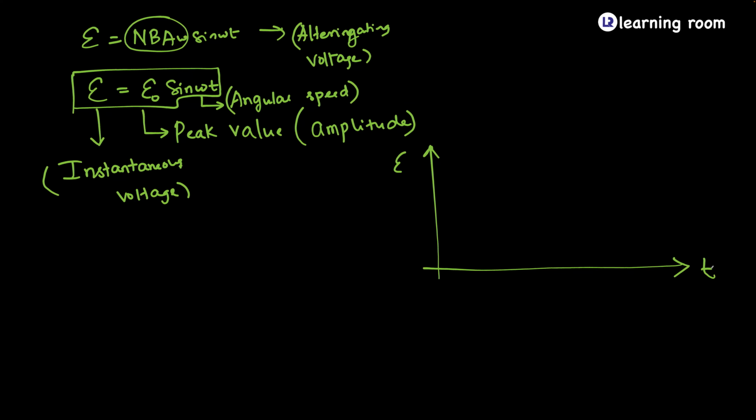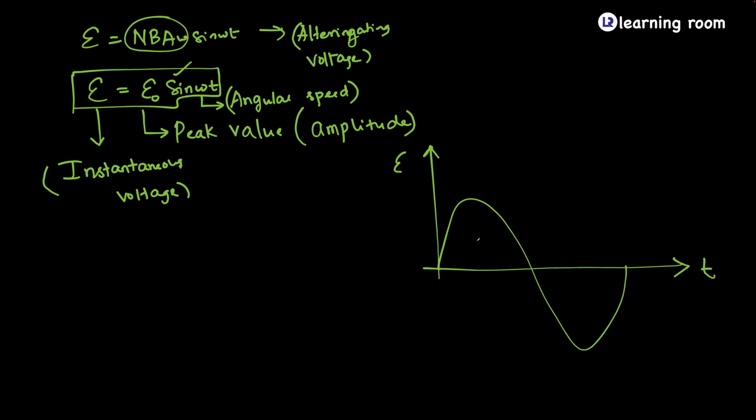We know that EMF is a function of time, right? But the function is varying according to the trigonometric ratio sine. So we already know the graph for sine, right? So how is the EMF going to get generated? It will be something like this, right?